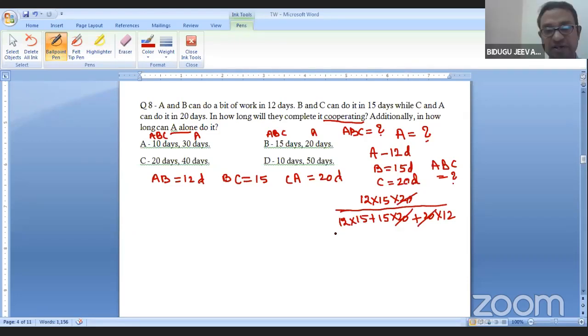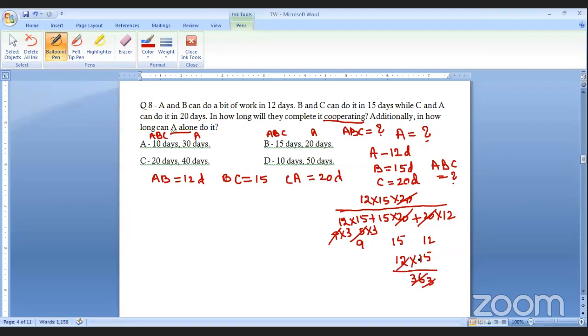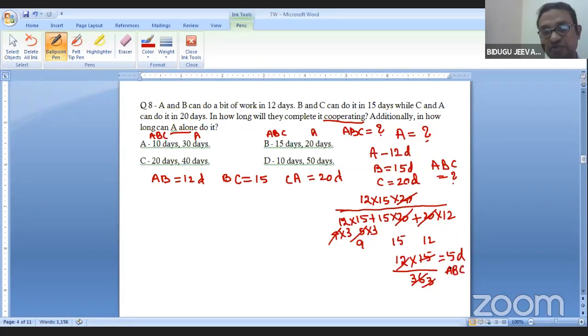How to get 20? Here 4 into 3, here 5 into 3. 20 gets cancelled. 3 3s are 9. It is 15, it is 12, altogether 36. So on the upper side 12 by 12 into 15, on the lower side 36. So 3 5s, so 5 days. 5 days means ABC can do the work.